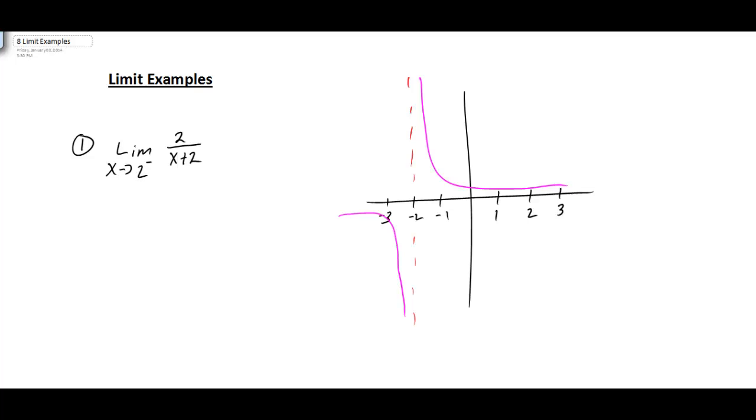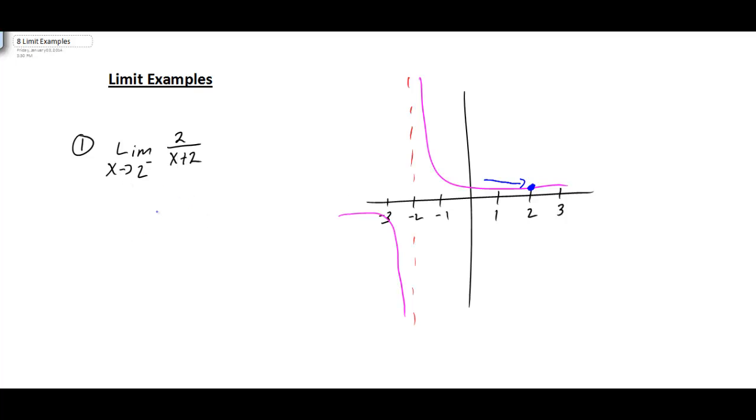Well, we're approaching 2 from the left, and 2 is located over here. This is a positive 2, and we're approaching 2 from the left-hand side. So that means we're approaching from this direction. From the left, we're approaching 2. And if you notice, the function is actually defined at 2.